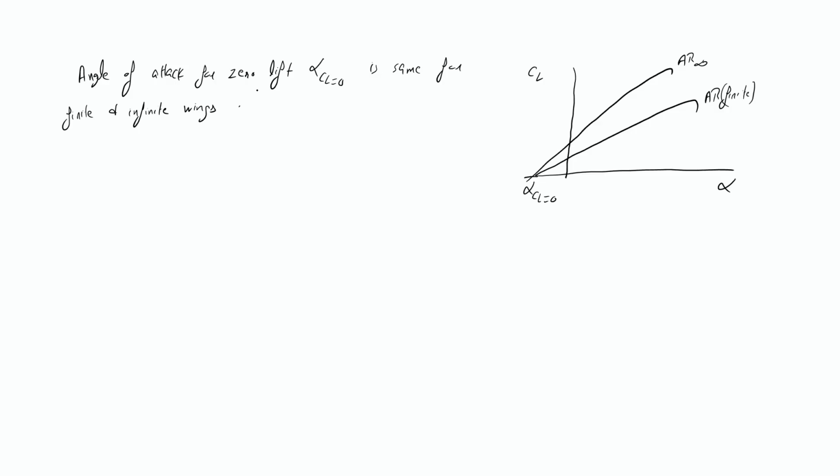Thus alpha at CL equals 0 is directly obtained from the wind tunnel test.